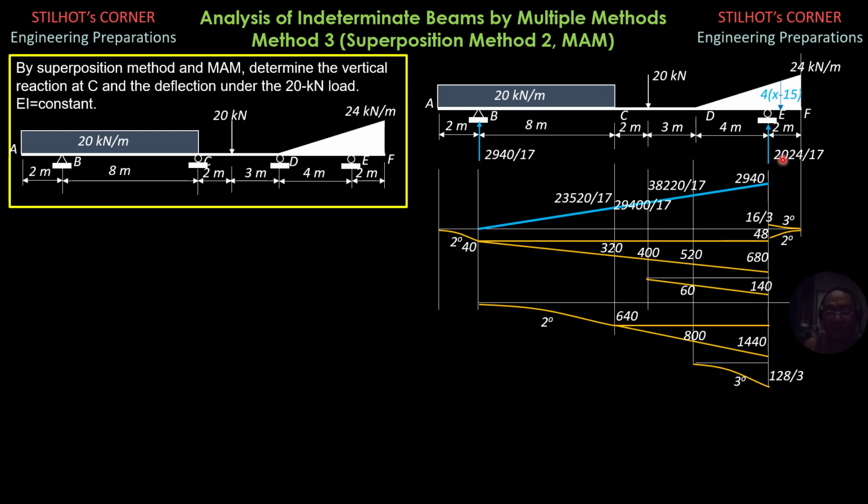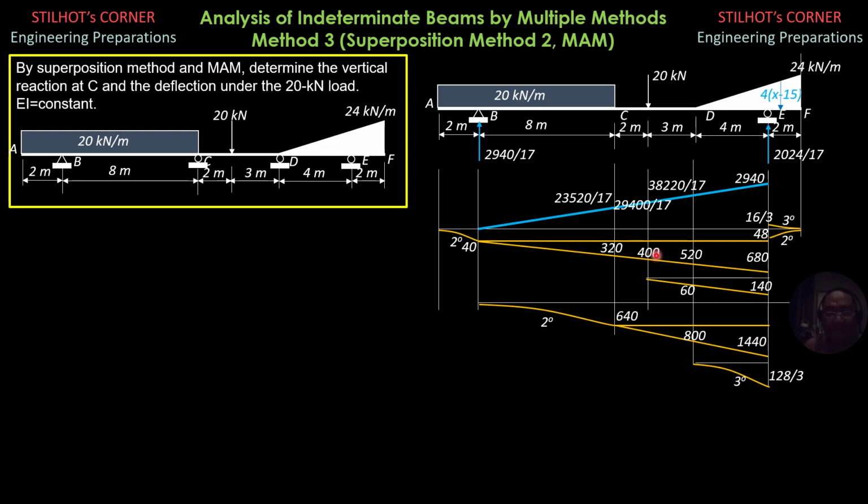So because we make E the moment center, that would be the diagram. Then 40 times 17 is 680. 40 times 8, 320, times 10, 400, times 13, 520, and so on.